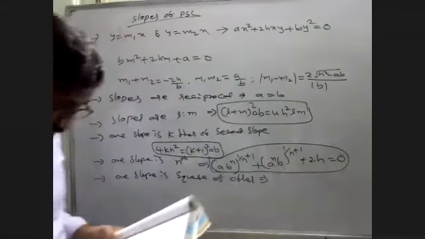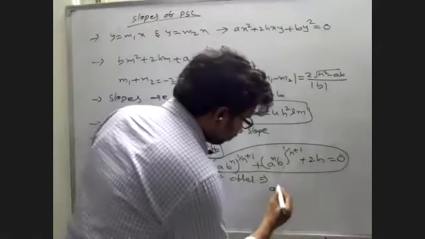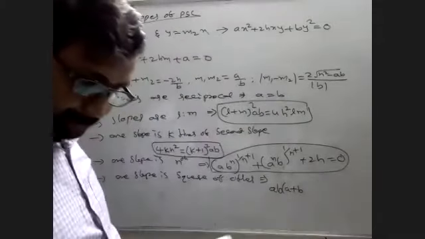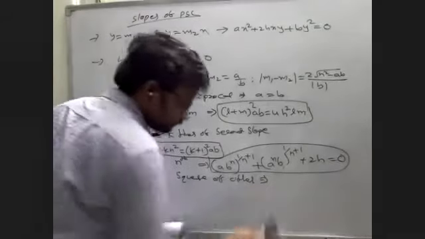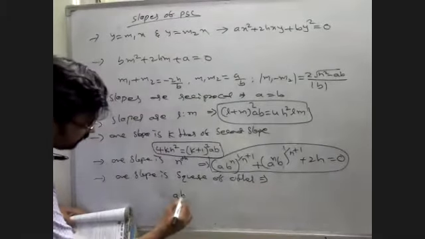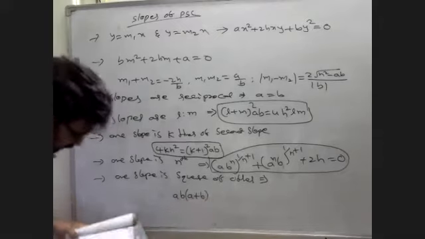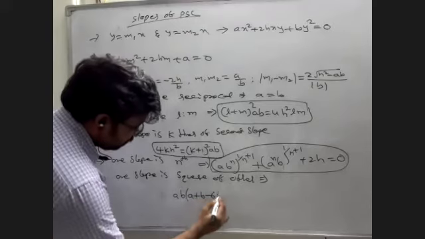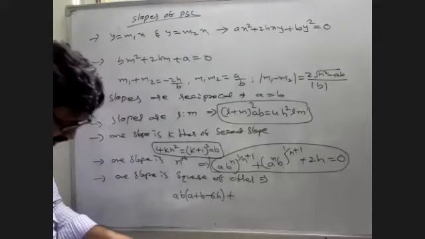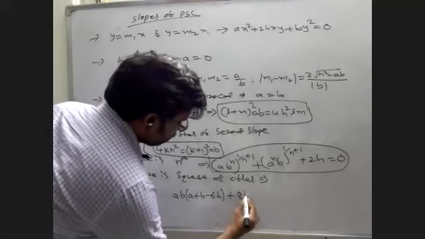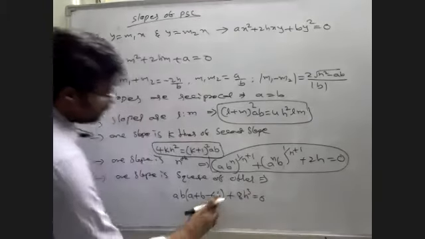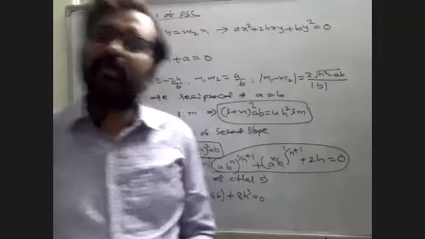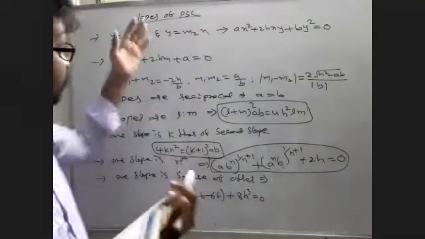Then the condition is AB into (A plus B), I will write it down: AB into (A plus B) minus 6H plus 8h cube equal to 0. This is the condition if one slope is the square of the other slope. So this is about slopes.